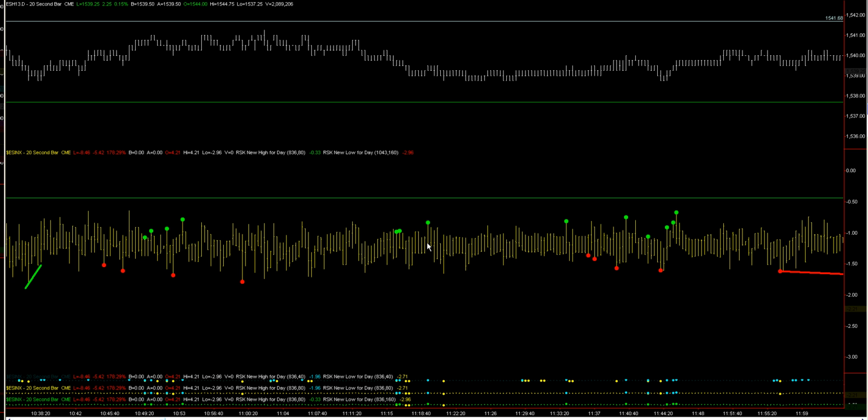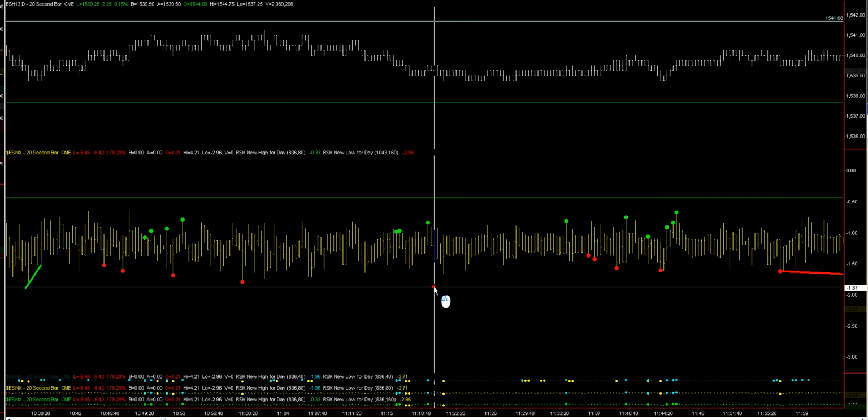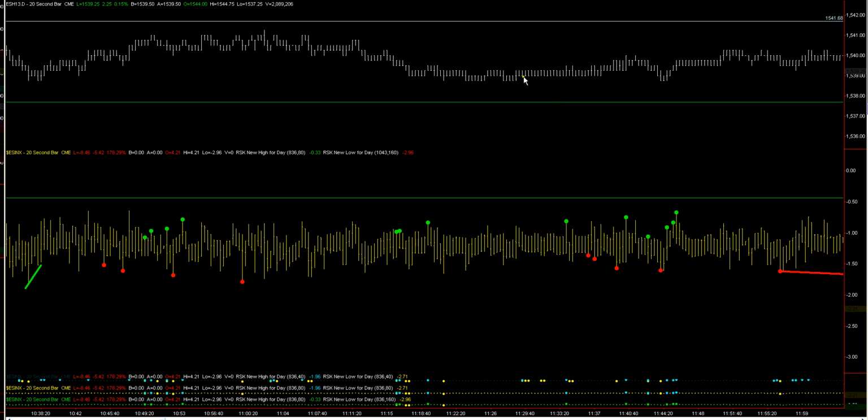Watch the highs, watch the lows. We're not getting any new lows here, right? Nothing's going any lower. So being that these are higher lows, this may indicate a time to get in right in here. Similarly, though, we want to see higher highs on the Spoos.